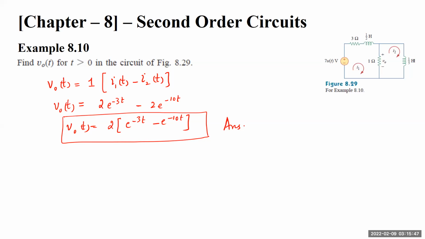In all of these cases, we develop a second order differential equation, use the initial conditions given to us or calculated by us, and solve that differential equation for both transient response and steady state response.